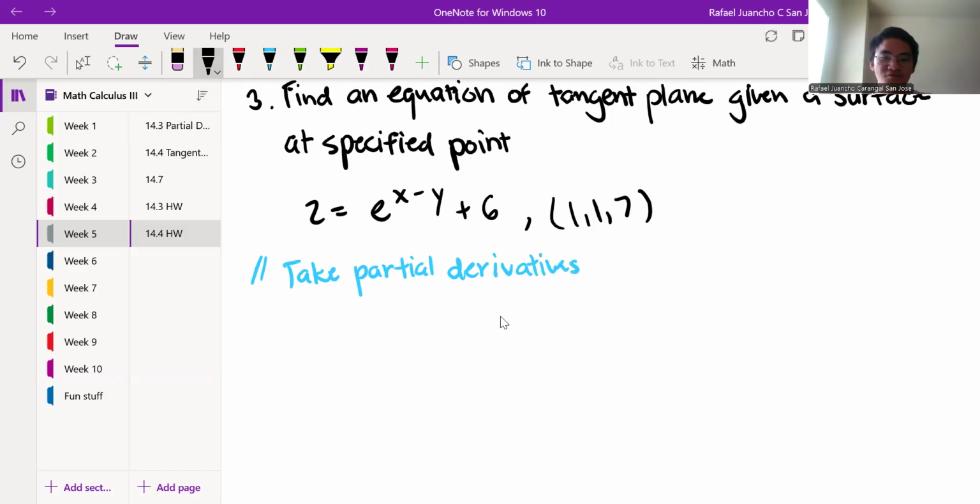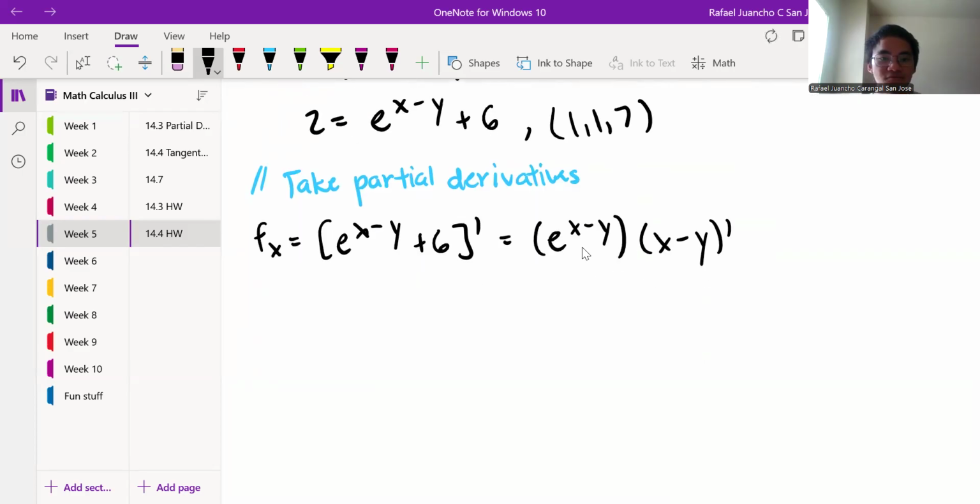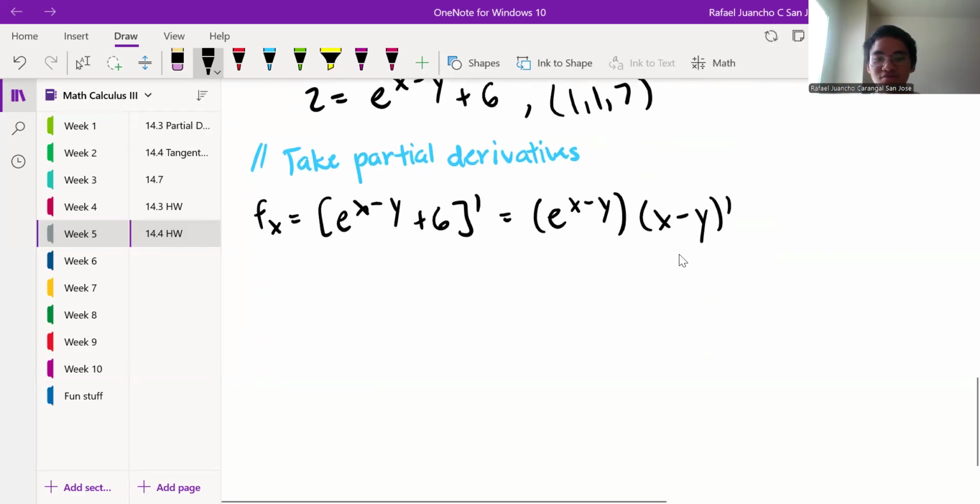Okay, so f sub x. So we take the derivative of this thing. Oh, I forgot the plus 6 part. This is just 0, let's be honest. So here we have e to the x minus y. See, that's chain rule. Then x minus y derivative. And now this is where it starts to be different, because now we don't know which one is which, right?